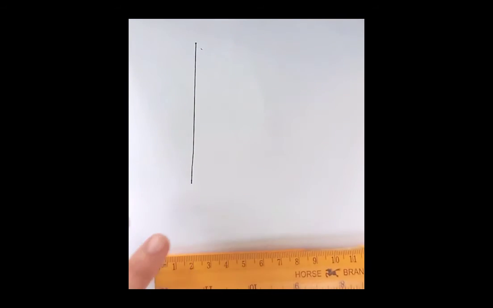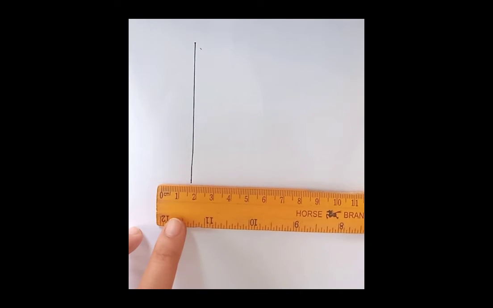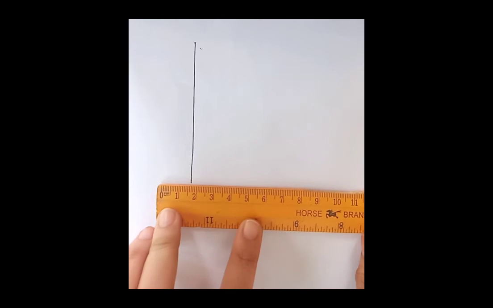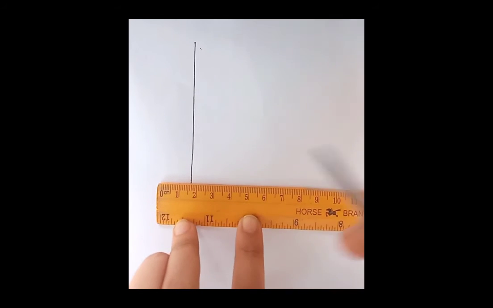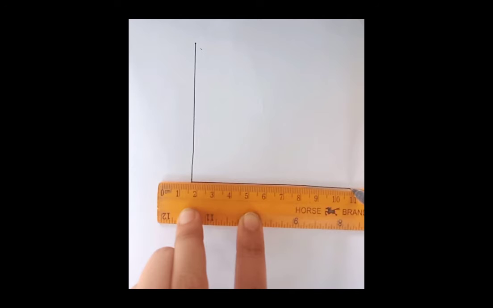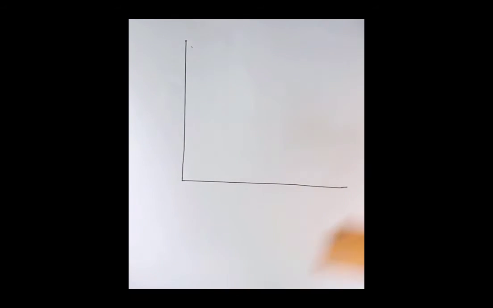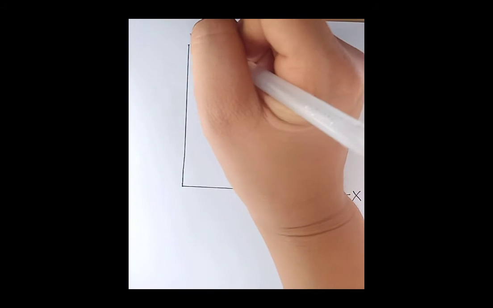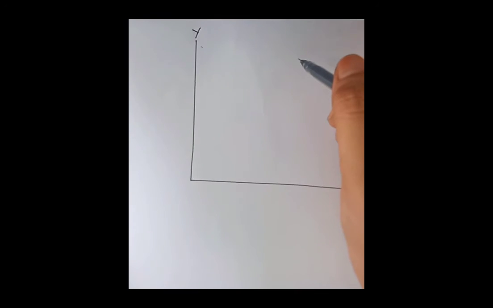And a horizontal line. In our horizontal line, it is our x-axis, and in the vertical line, it is our y-axis.